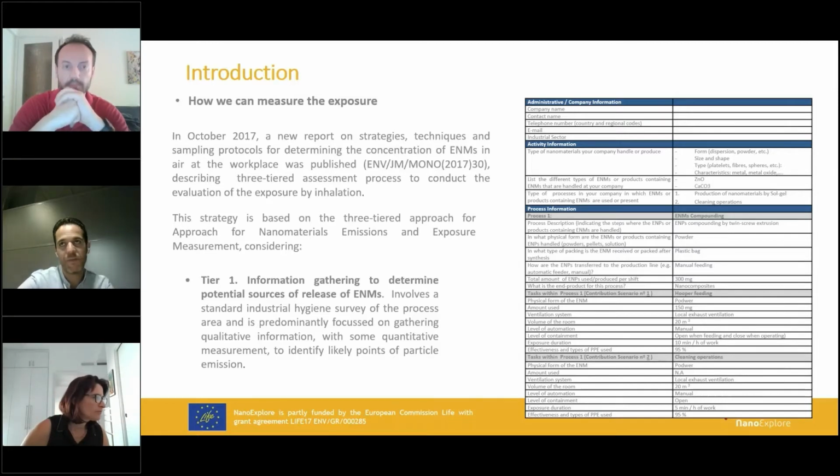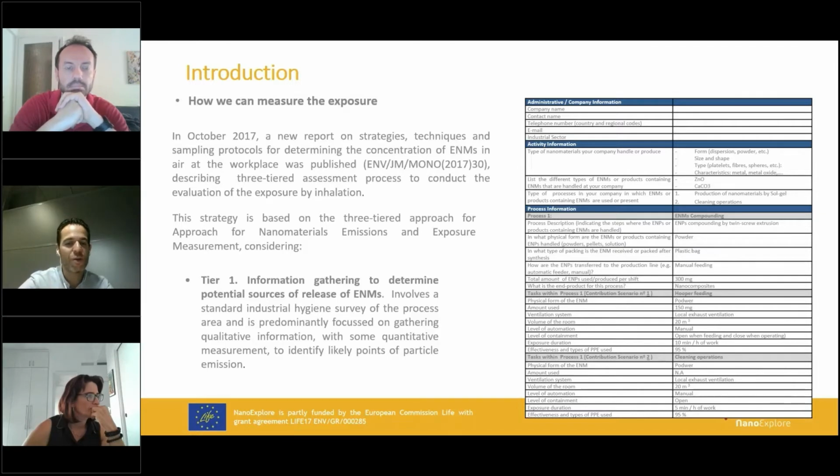There is a concept called determinant of exposure. Determinant of exposure is about the main characteristics of the process and how you use the material that determine the potential release.